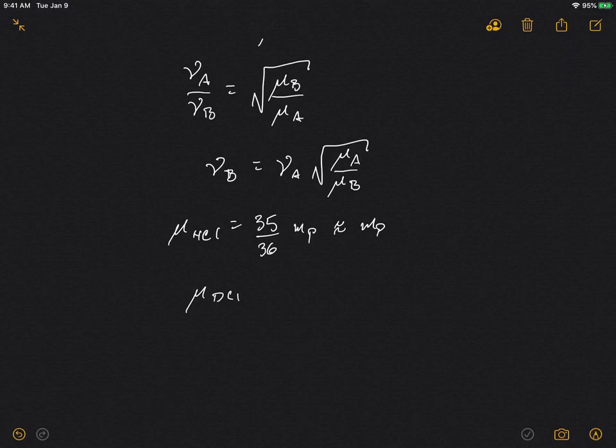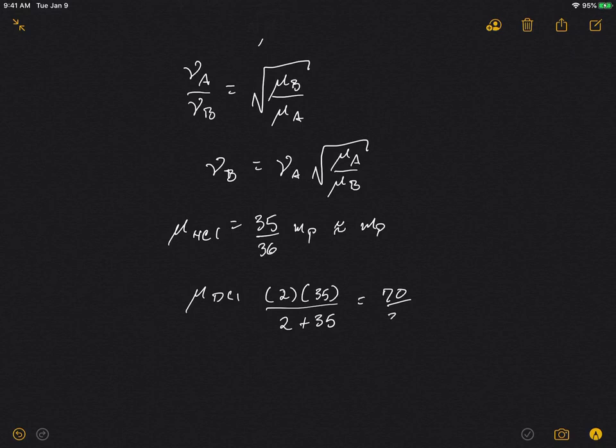For mu DCl, we're going to have 2 times 35 over 2 plus 35, right? Because deuterium has a mass of 2, and so that's going to be 70 37ths, which is roughly 2 times the mass of a proton.